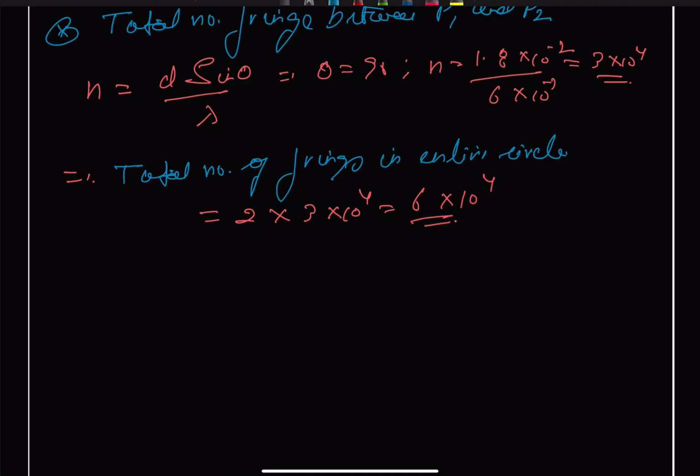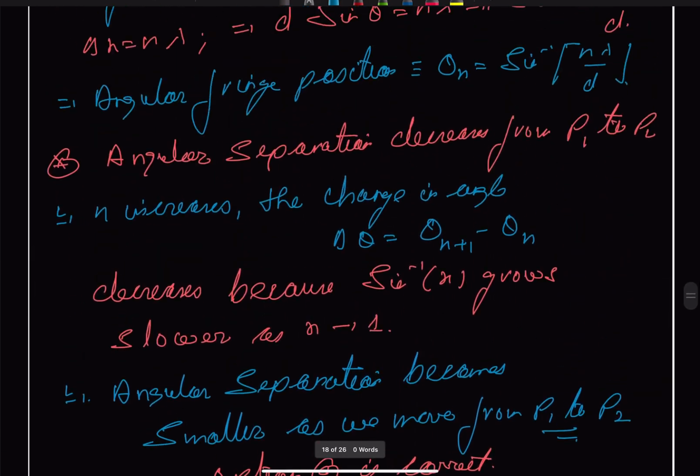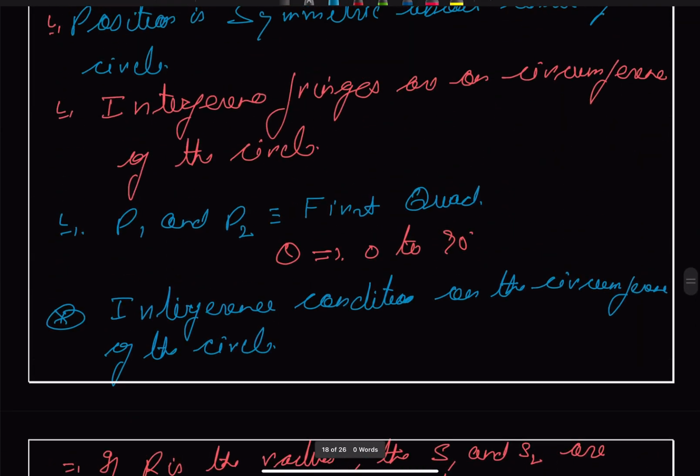And for a quarter circle, that is for the first quadrant, that will be equal to 1/4 of the total, and this comes close to 7500, which is not our 3000. So this option is also incorrect.